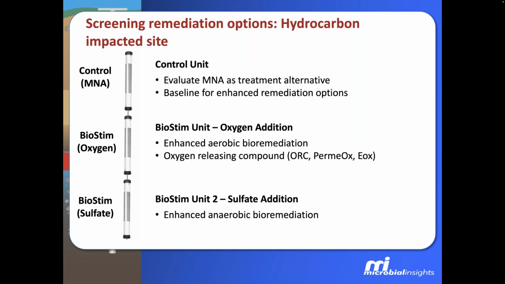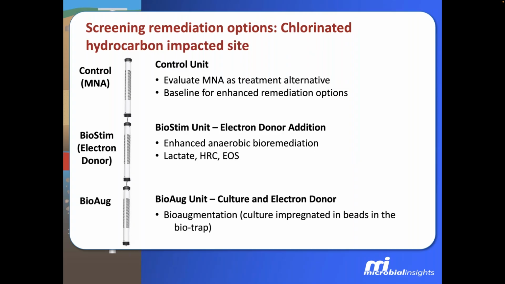Are you going to stimulate the aerobic organisms that are necessary for hydrocarbon degradation or capable of carrying out hydrocarbon degradation with oxygen as the electron acceptor? And the last unit would answer the same question about sulfate. What's going to happen if sulfate is supplied to the microorganisms in this particular aquifer, and how does that compare to the absence of sulfate? So in other words, is sulfate going to stimulate the growth of hydrocarbon degrading bacteria?